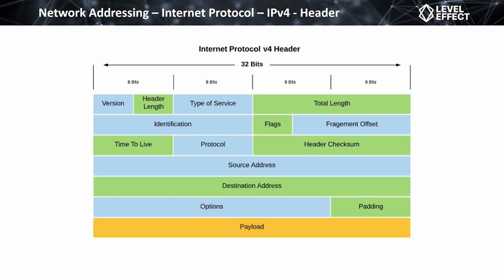On the outside it says, hey, we're going to this destination address and here's my source address, and this is a TCP packet envelope. And on the inside will be the TCP header and the payload that is inside that TCP packet. So a packet in a packet. And that's essentially what encapsulation is, and how we encapsulate these protocols to get data from one network to the next.